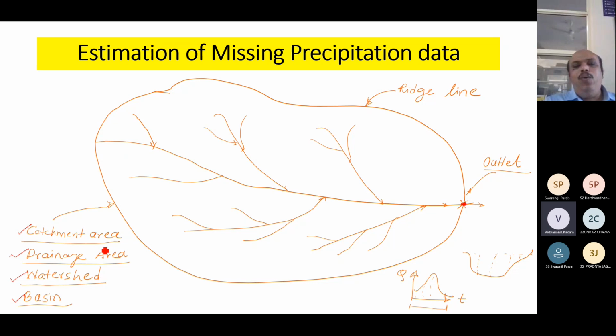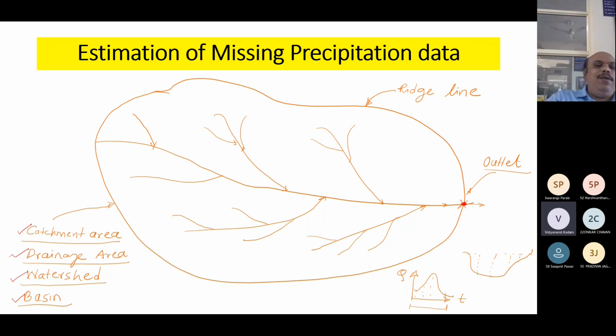Okay, so how to define this term catchment area, drainage area, watershed or basin? We can define this term as a particular area separated by a ridge line from adjoining area, and the rainfall that occurs in this area, ultimately the runoff reaches one common outlet.